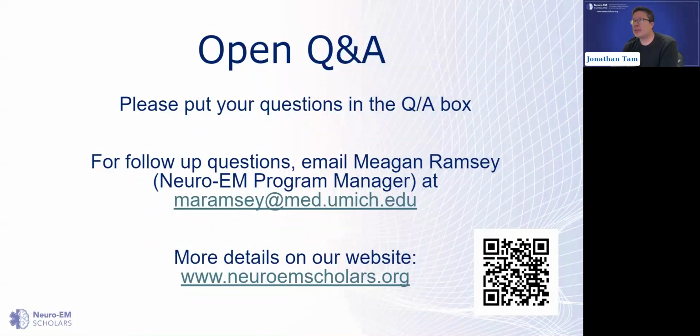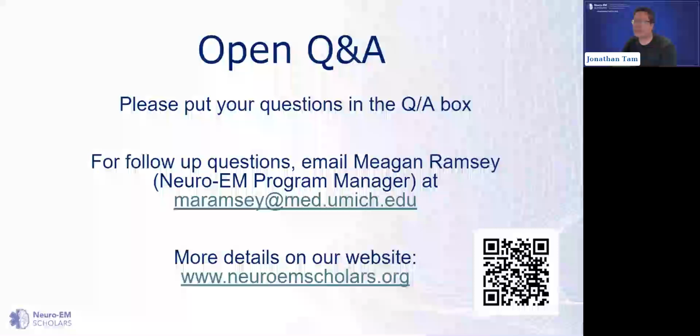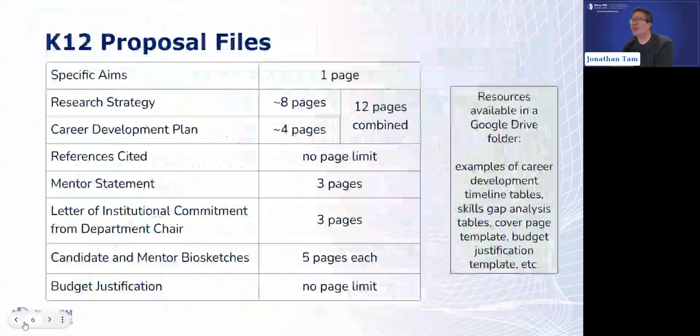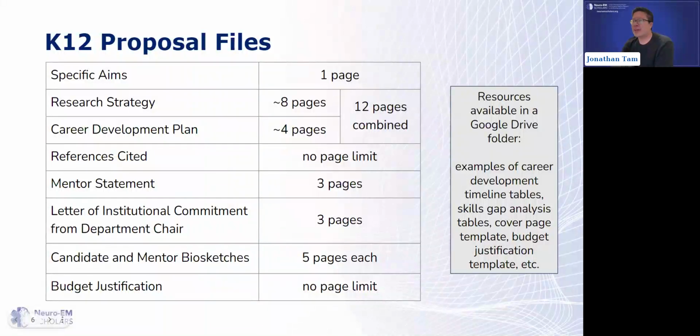It's then odd to me to see on that K award proposal breakdown slide, you would approximate 8 pages to be dedicated to the research strategy and approximately 4 pages to be dedicated to the career development plan. I think mine ended up being closer to 6 and 6. I remember bringing this up last year, and you guys, as the panelists, told me that was absolutely okay. So in case anybody else is wondering that. Mine was closer to 6 and 6.